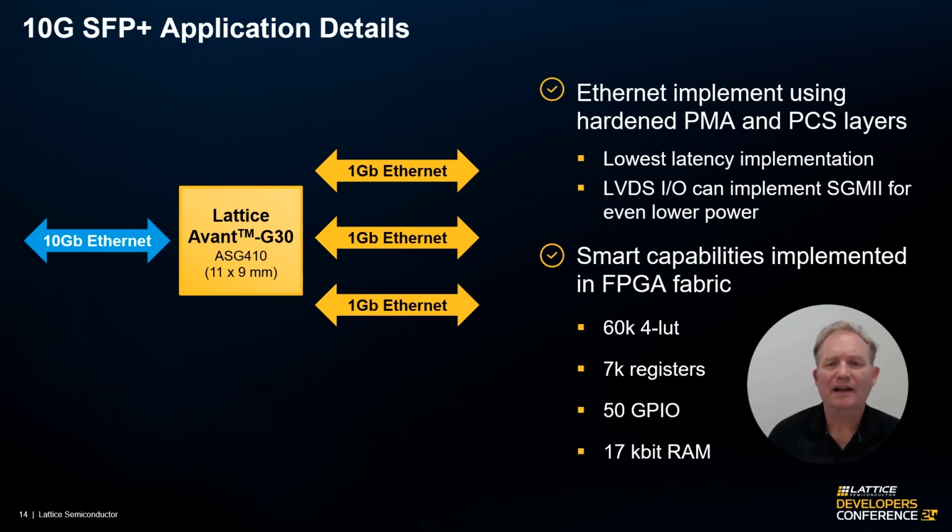The functionality that sat within the FPGA basically utilized 60,000 4-input lookup tables, about 7K registers. We had 50 GPIO in the overall design, and we made use of 17K bits of the embedded SRAM.